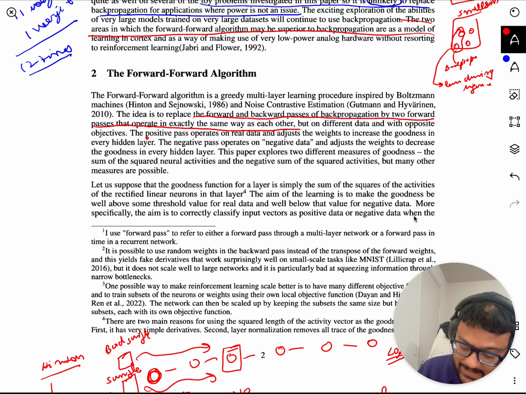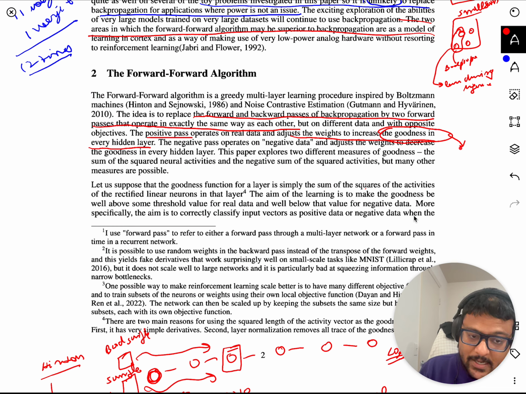There is one pass, a positive pass, in which you adjust the weights to increase the goodness in every hidden layer. Goodness here just refers to the fact that when your network is processing positive data, the sum of squared activities for each neuron should be high. And similarly for negative data, it should decrease the goodness, so the sum of squared activities should be low. So that is what he's saying.